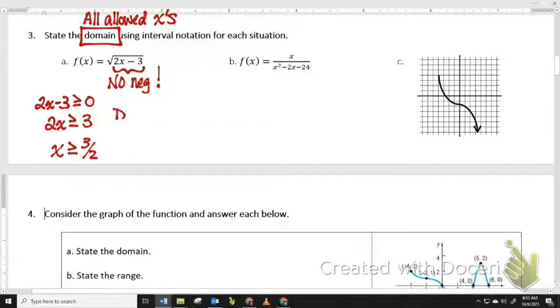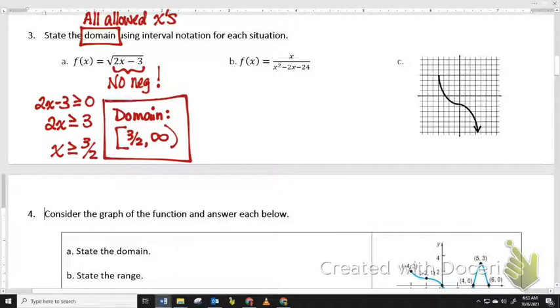So my domain, I need to write this in interval notation, and I have to explain that x has to be bigger than or the same as 3 over 2. Yes. Absolutely.